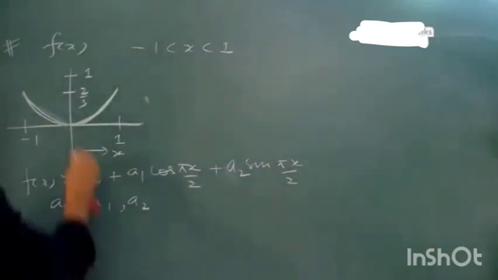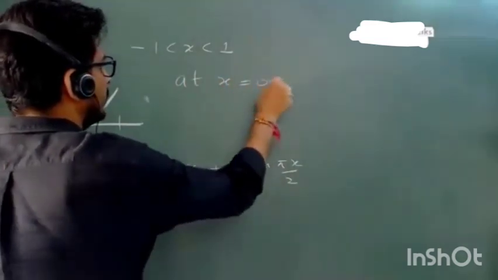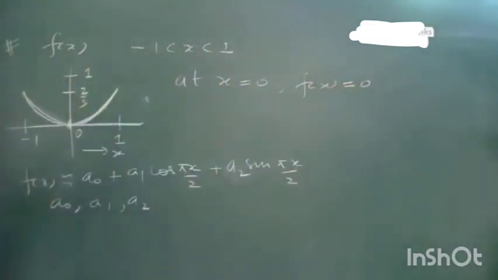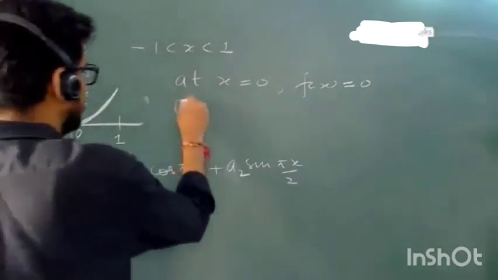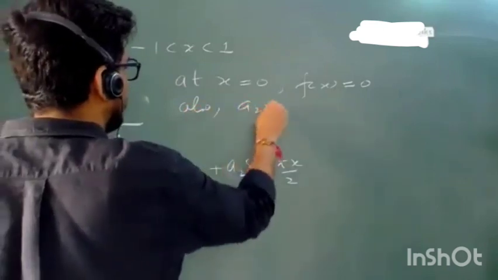So now, how will we write the values of a0, a1 and a2? The first thing is that at x is equal to 0, the value of function should be 0 or not? Here. Yes, sir. So 0 is equal to, and also a2 should be equal to 0.